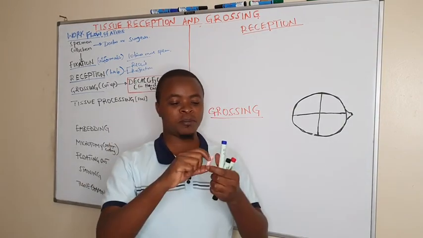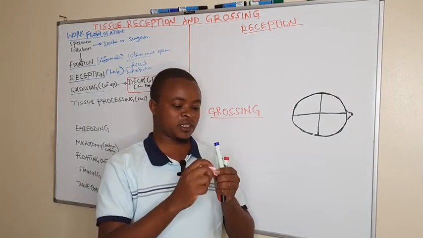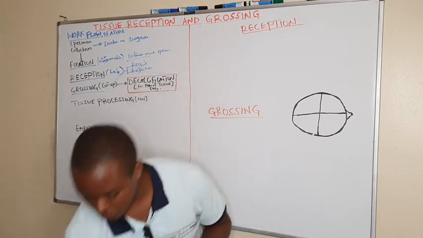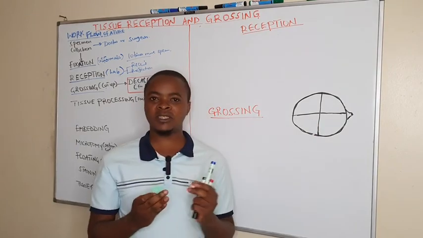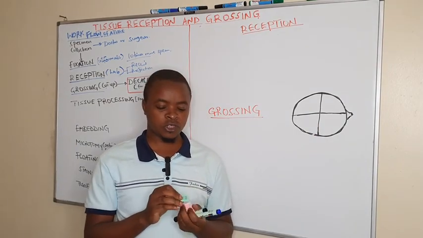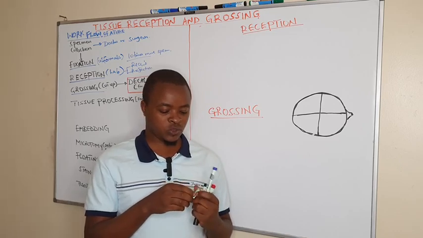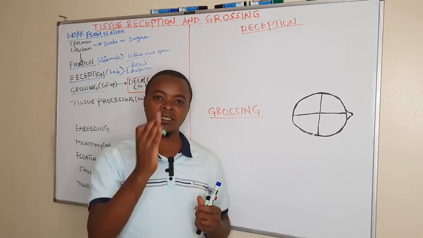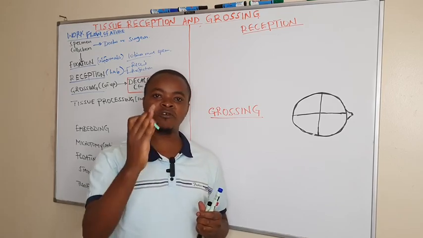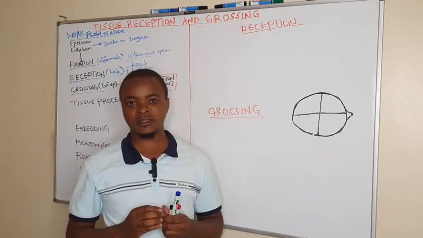These are some samples of the tissue cassette, and this tissue cassette cannot hold the big sample received in histology. So what we do under grossing is make these tissues small, cutting them into small sizes for easy tissue processing.